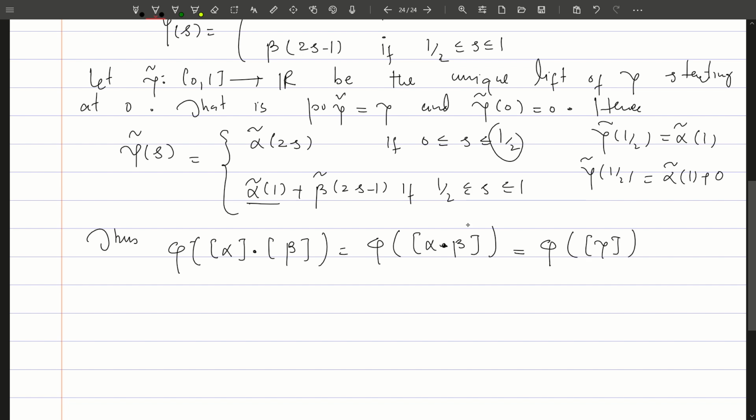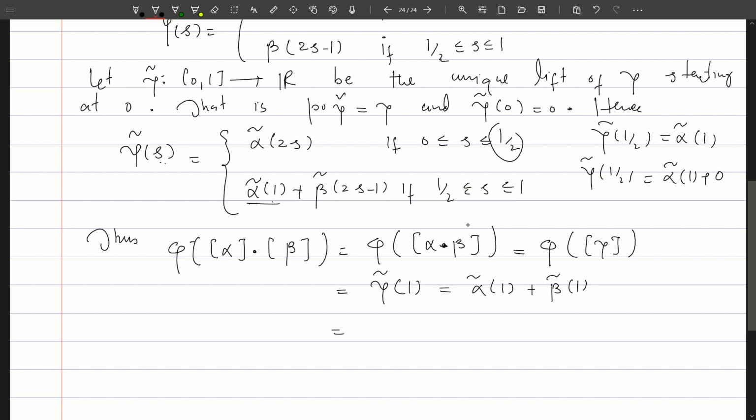Now phi maps the homotopy class of gamma to the endpoint of its lift, that is gamma tilde of 1, and gamma tilde of 1 here will be alpha tilde of 1 plus beta tilde of 1.